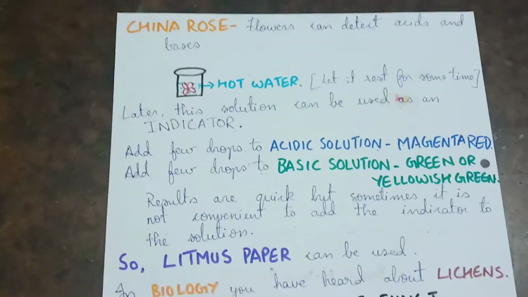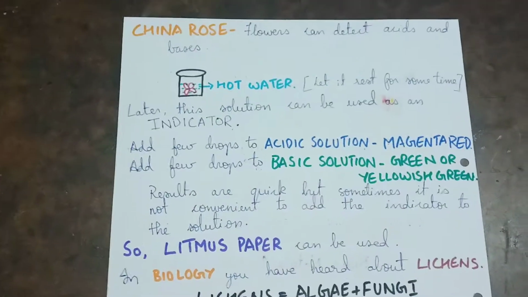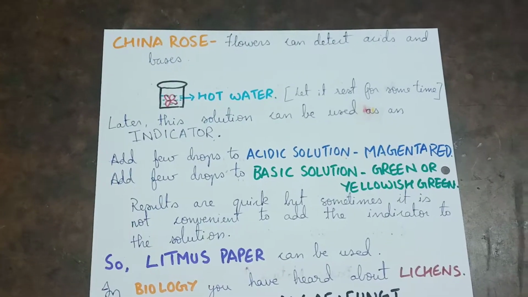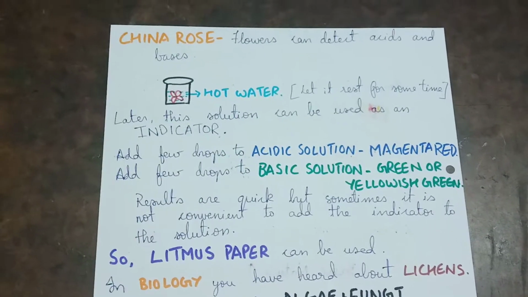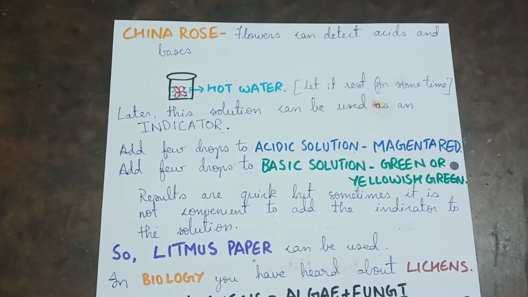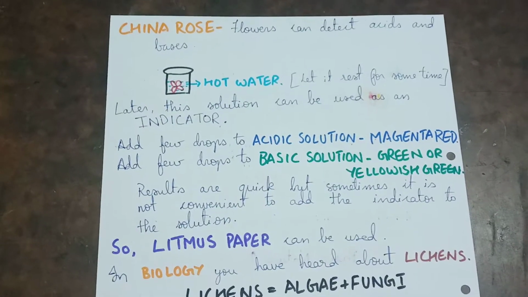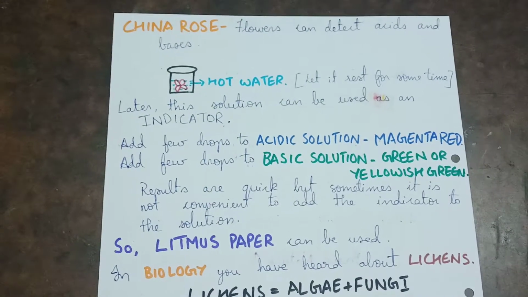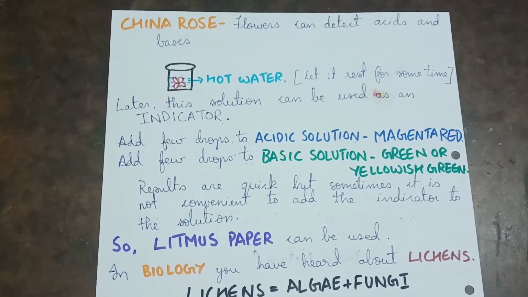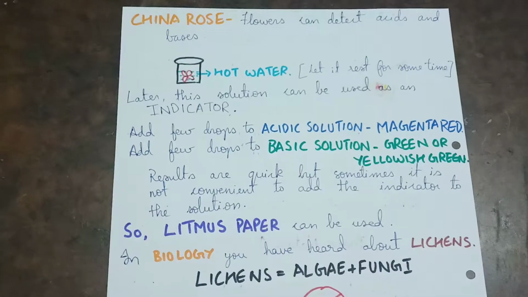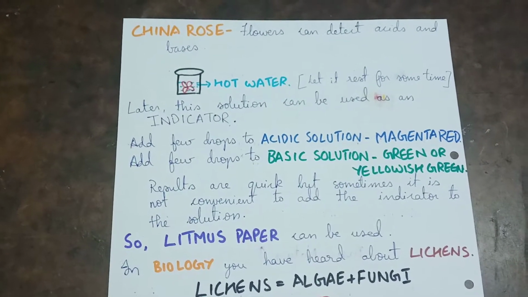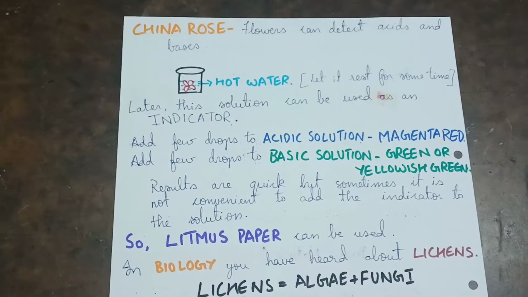Now coming to China rose, this is the second type of indicator. It is a flower which can detect acids and bases. China rose is a plant, and its flowers can detect acids and bases. If you put China rose petals in hot water in a beaker and let it rest for some time, the solution can be used as an indicator.